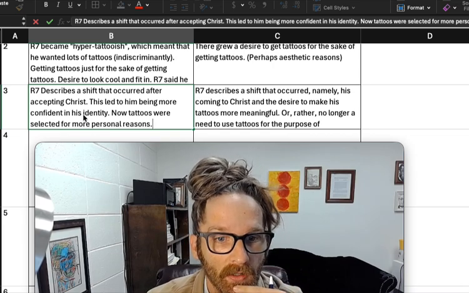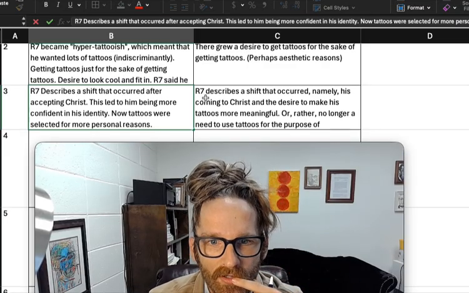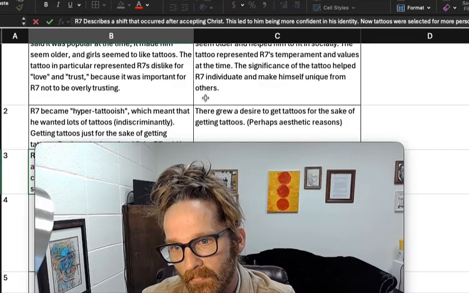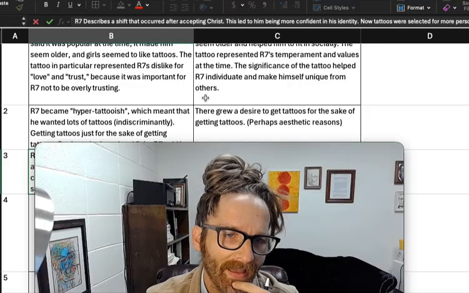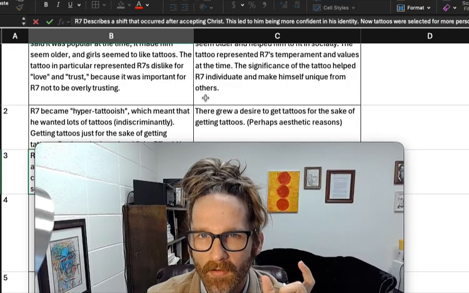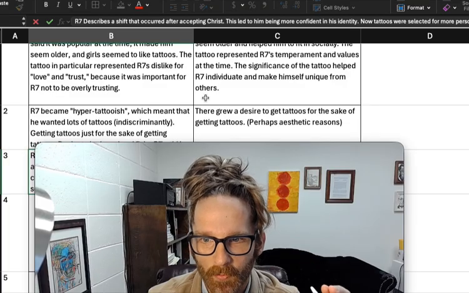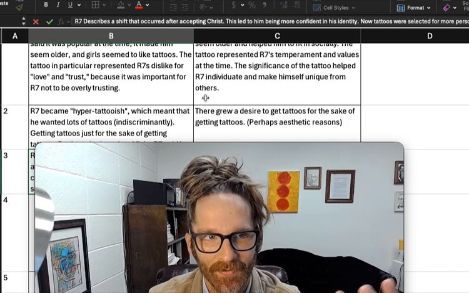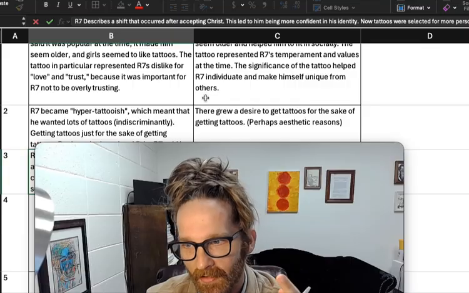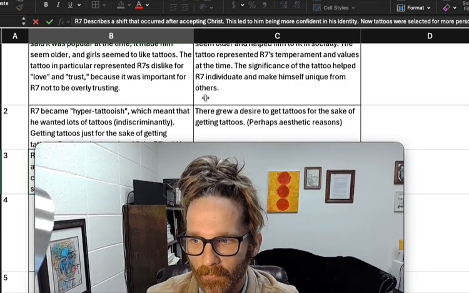Thinking now about the analysis that I've already done, this shift between like getting tattoos for the sake of getting them to having this personal intrinsic reason, that doesn't have to happen, but what it shows us is the contrast between the qualities of tattoos that are obtained for the purpose of simply obtaining tattoos, this kind of transient fitting in social quality, and this more enduring, meaningful tying to parts of the identity.